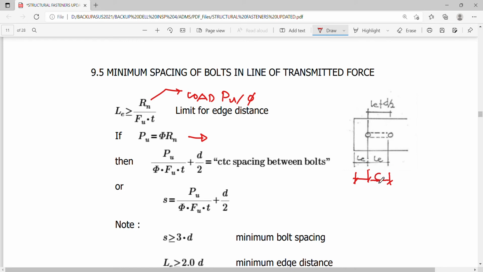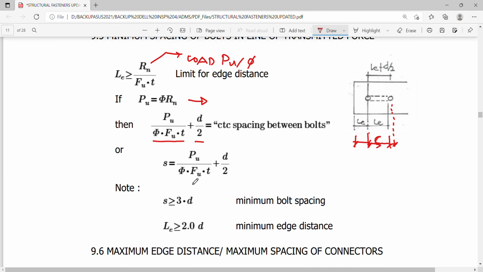So S is simply this value here plus d over 2. This is now my center to center spacing for my two consecutive holes here. So this is my formula for S. If I want to get S, this is just the formula to use on this basis.